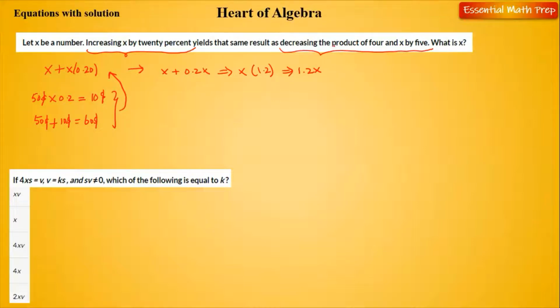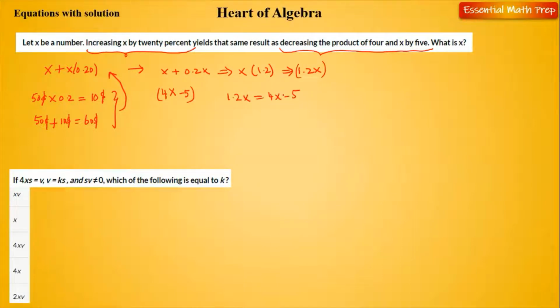It's like calligraphy if you think about it. Product of 4 and x, which is x times 4. Decreasing the product of x and 4 by 5 means 4x minus 5. Essentially, we have two components, and we're saying these two are the same. That means they're equal. So 1.2x is equal to 4x minus 5.